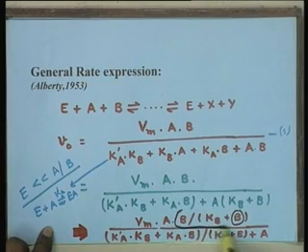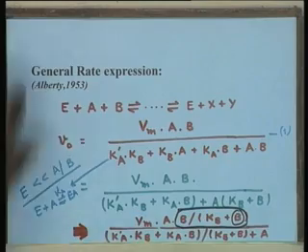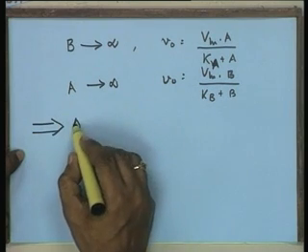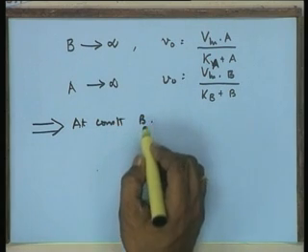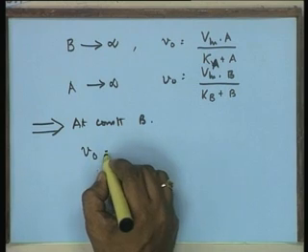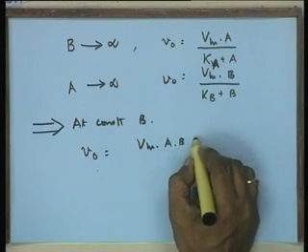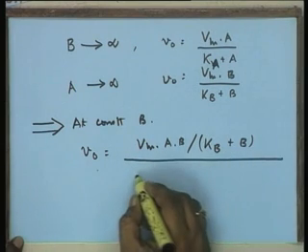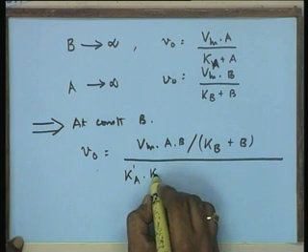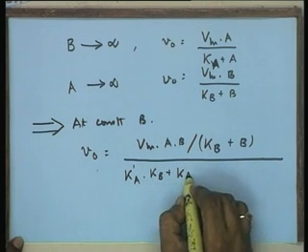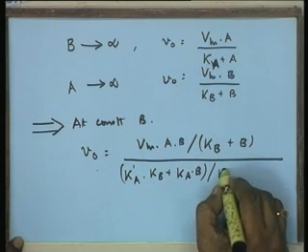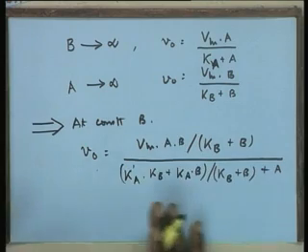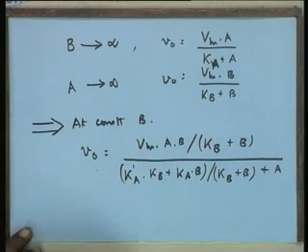So if this becomes a constant parameter, you will end up with a term at constant B. You can write V naught equal to Vm into A into B upon Kb plus B, whole divided by K dash A into Kb plus Ka into B, this whole divided by Kb plus B, plus A. Now this is essentially the general equation rearranged in the form of the Michaelis-Menten expression.